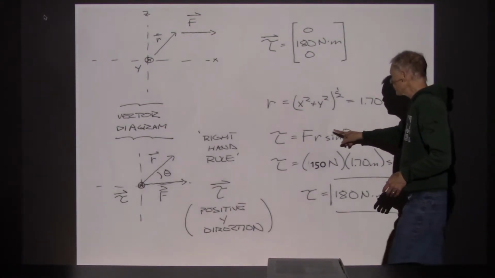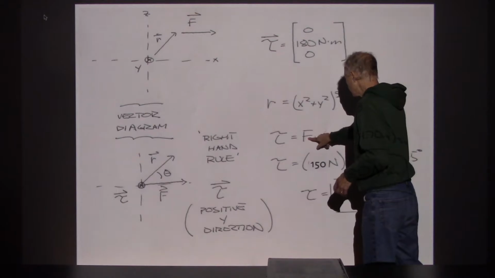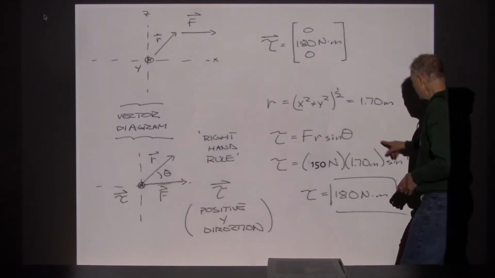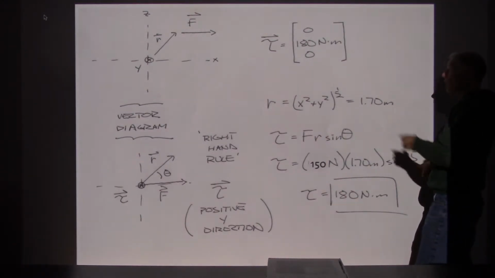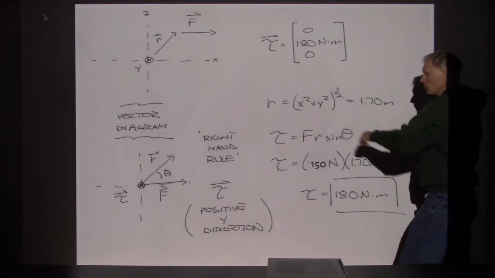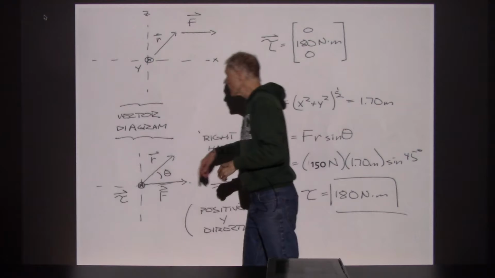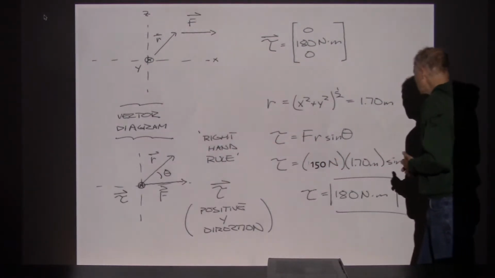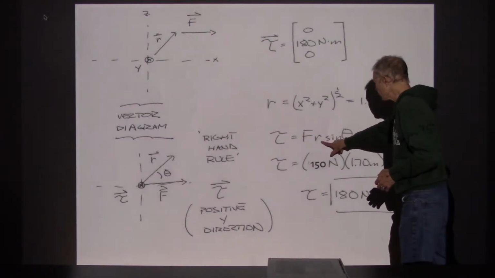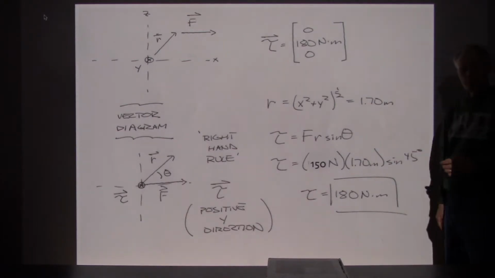And plugging that into here, the force was 150. I'm going to put in the sine of 45 degrees. That's the angle between these two vectors, 45, because the x and the z components match.